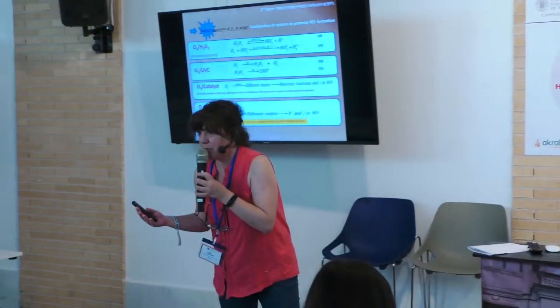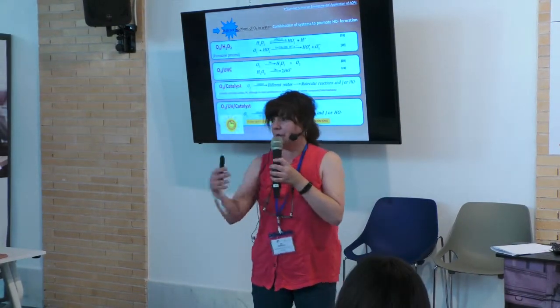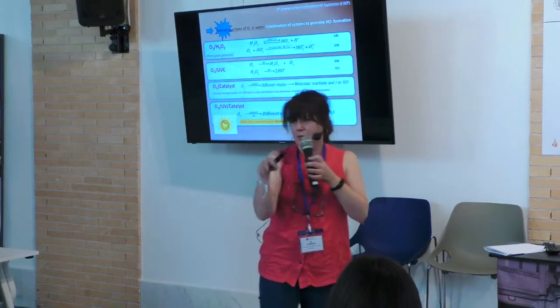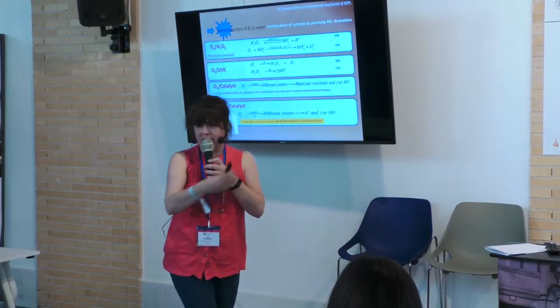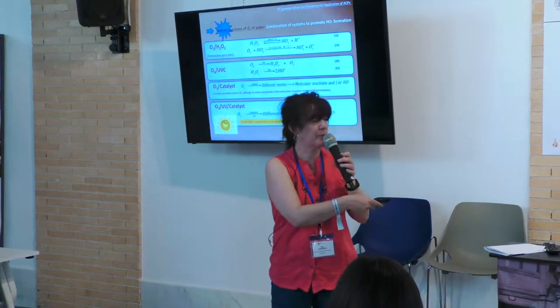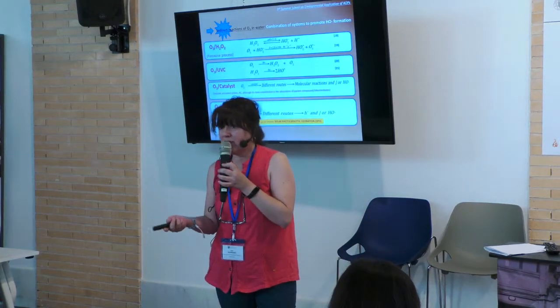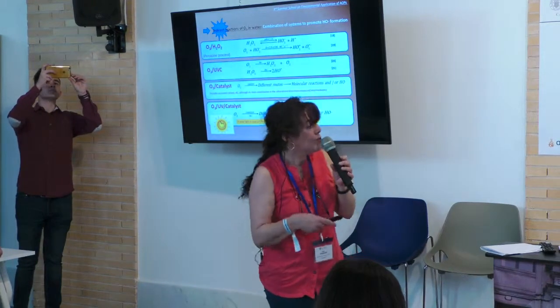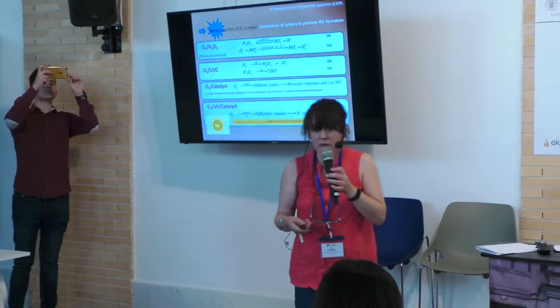We can enhance the production of hydroxyl by combining ozone with other systems. I am sure you are going to see all these combinations again and again. For example, ozone with hydrogen peroxide, that is the peroxone process, ozone with UVC, ozone with a catalyst, the catalytic ozonation.